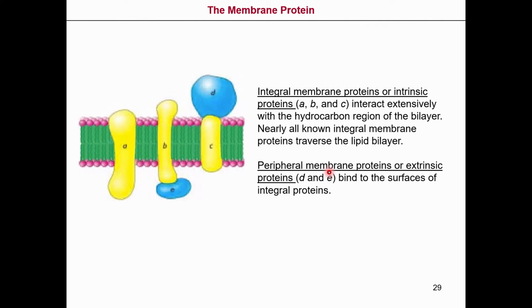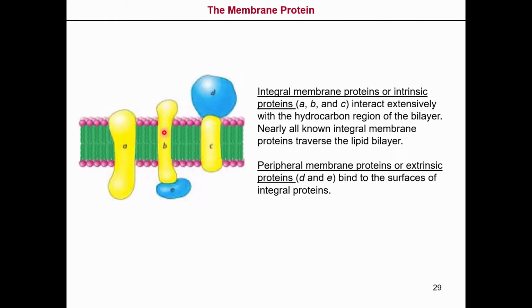it means that you have electrostatic interaction. So usually you can remove C and D using a high concentration of salt, because it's electrostatic interaction between the polar head and the peripheral membrane protein.